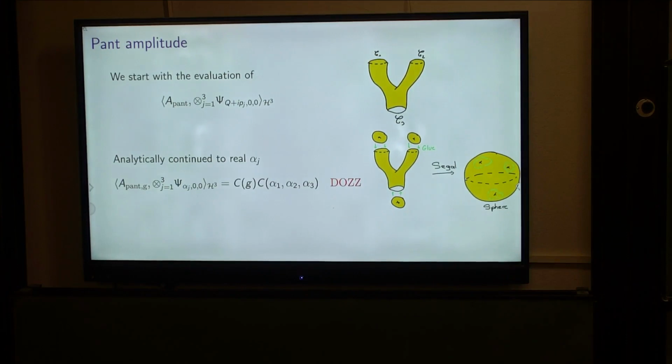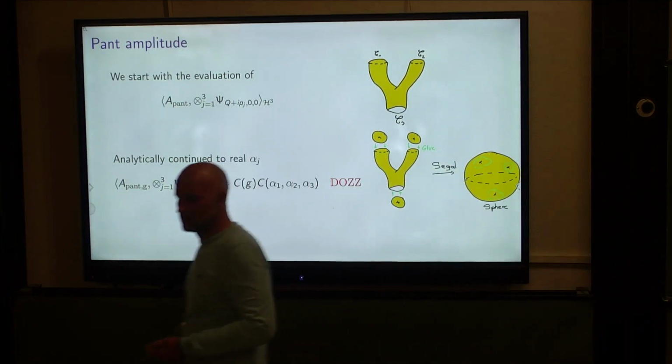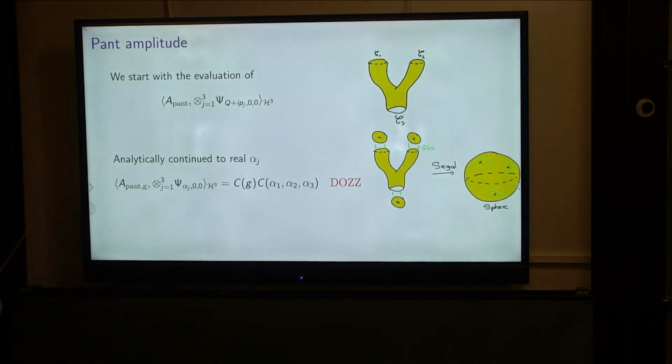I mean, this overlap, should I expect it depends on this length? The metric is nice at the boundary, if you remember. No, I understand the metric, but... yeah, but the metric tells you also that the length is 2 pi. 2 pi, yes. I see.